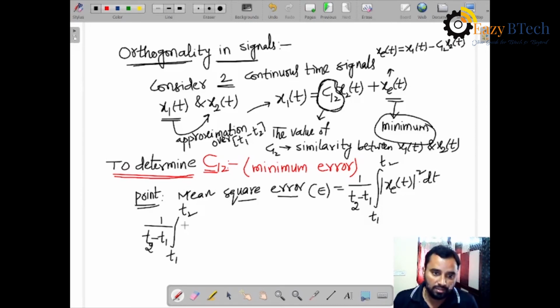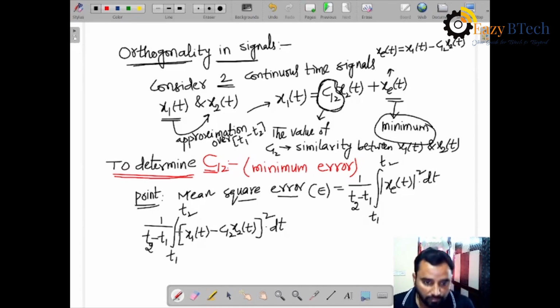So I take the substitution: x1 of t minus c12 x2 of t whole square, as usual dt. So this is the mean square error. Now we are going to find the c12 value with minimum error. Error must be minimum. So how is it obtained? In the next page we discuss.